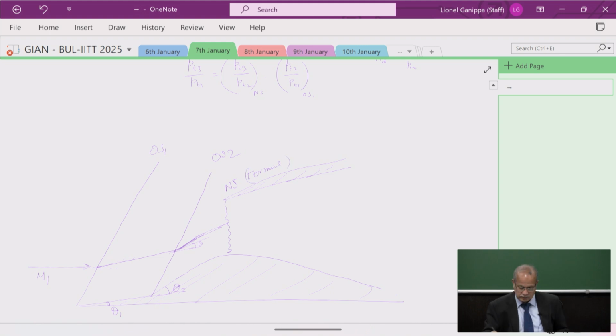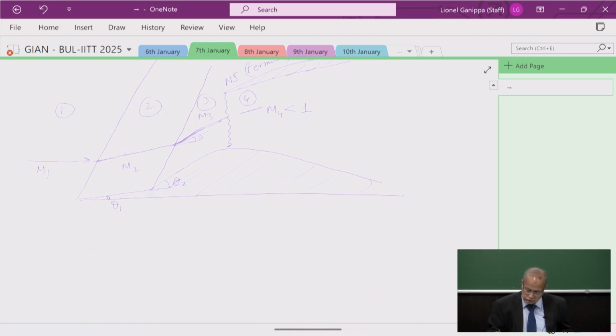And we will study all these things in the afternoon. So here it is M1, M2, M3, and then it goes to M4. M4 will be subsonic. So here it is 1, 2, 3, 4.